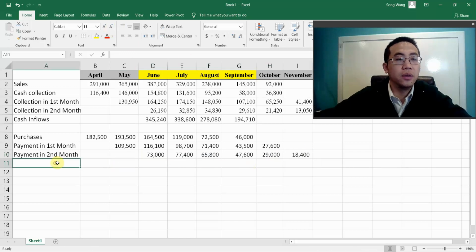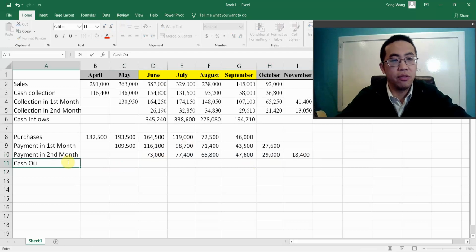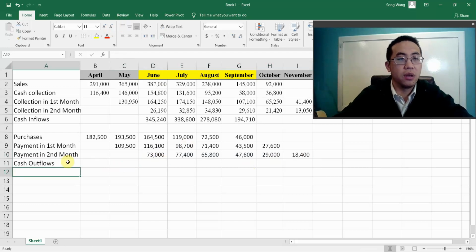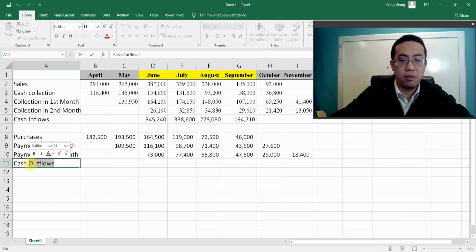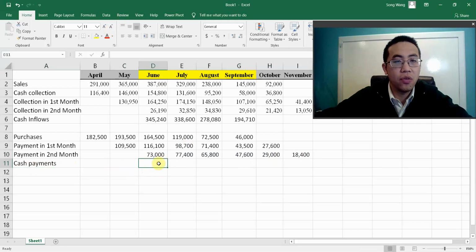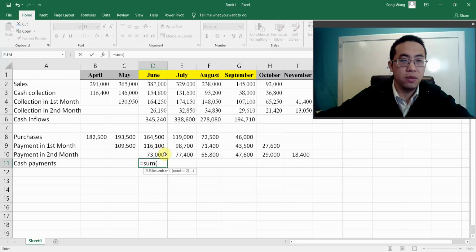All right, so you have the total cash payment or cash outflows. Maybe cash payment is a better description. For each month in our analysis, it is a sum of the two.